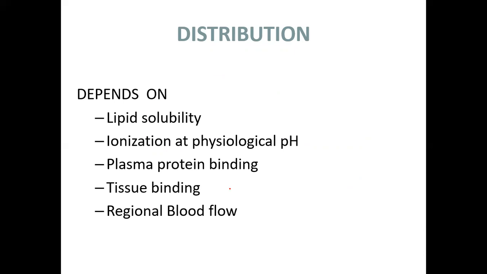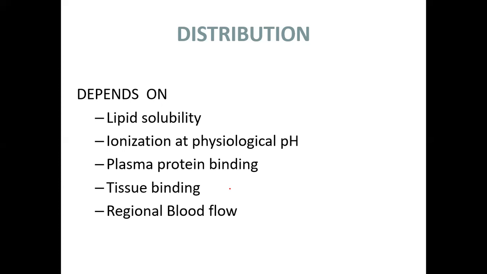Similarly, ionization at physiological pH renders a drug water soluble, and hence it stays in that particular compartment. And then we have plasma protein binding, the drug existing in free form and the bound form. So this particular plasma protein keeps the drug in the bound form and it stays in the blood.